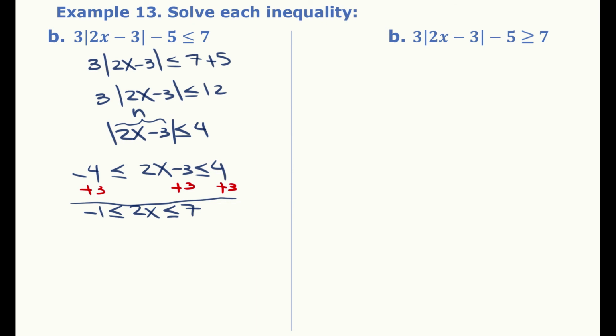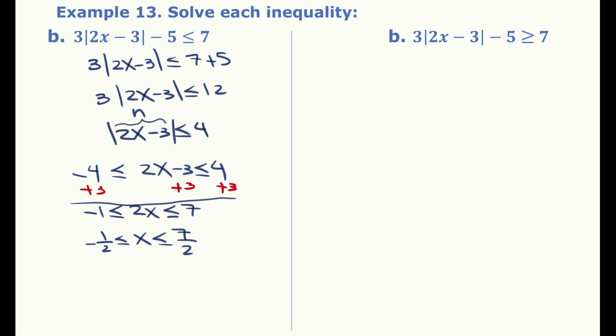And finally, we'll go ahead and divide everything by 2. So we get -1/2 less than or equal to x less than or equal to 7/2. And the easiest thing to do is to plot that solution set first and then write down what it is. It'll be that much easier if you do so.